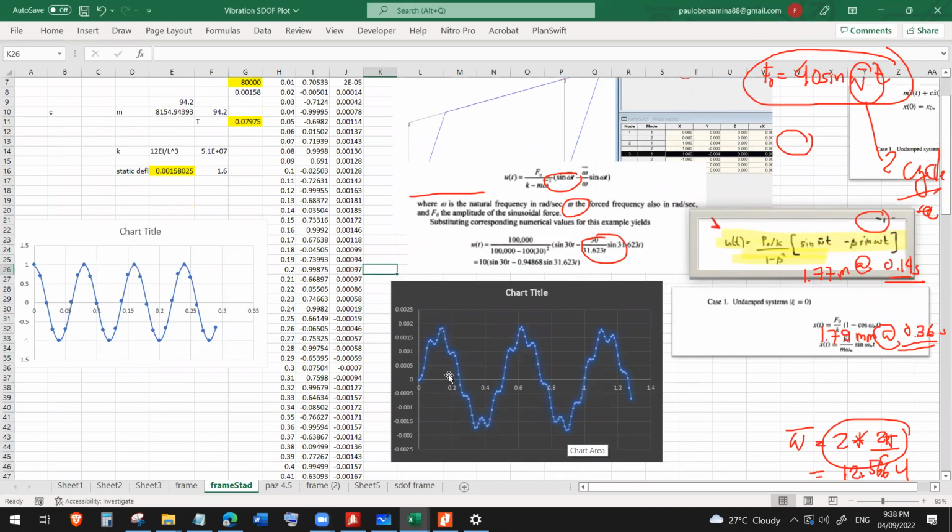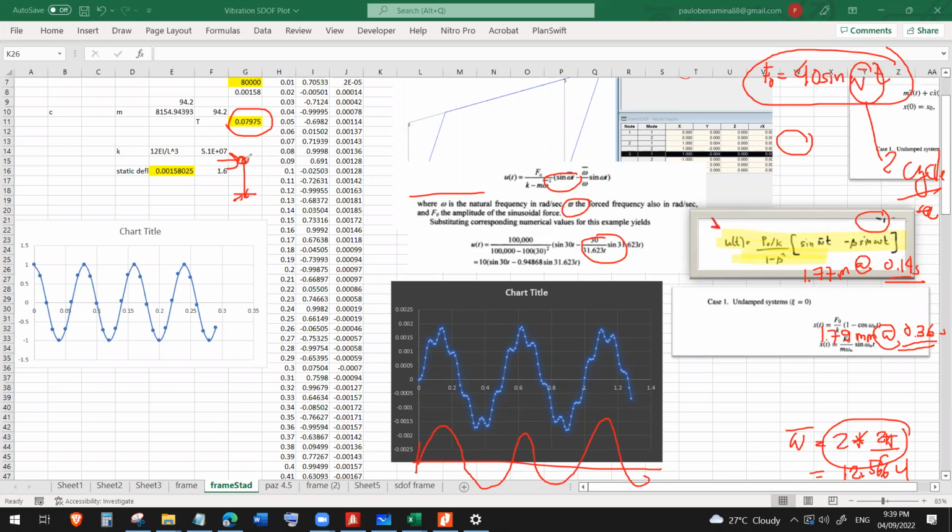So that's a time history response. You will observe that if you also plot the harmonic force, we have almost the same cycle, meaning since the structure is relatively stiff, the effect of the harmonic force is not much.